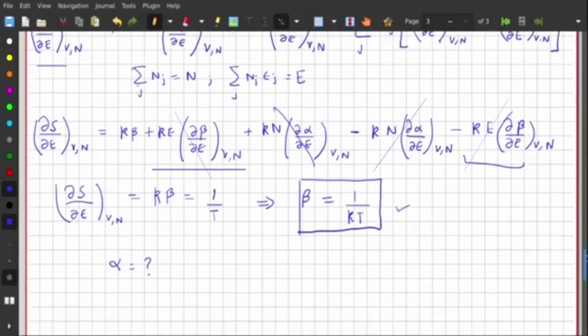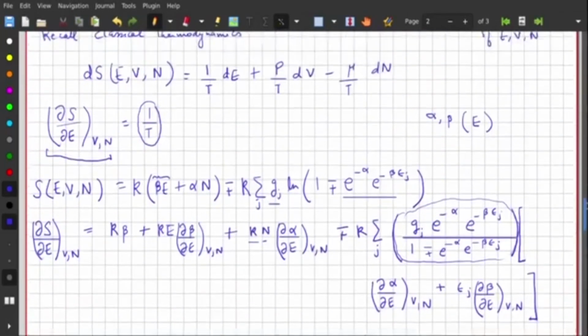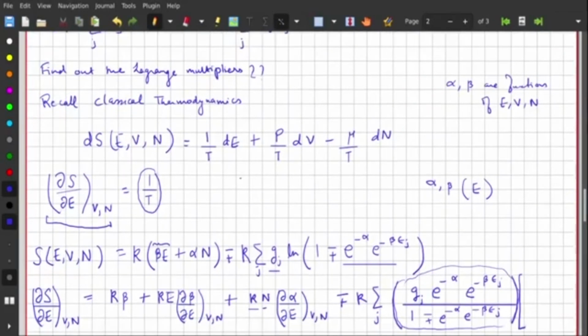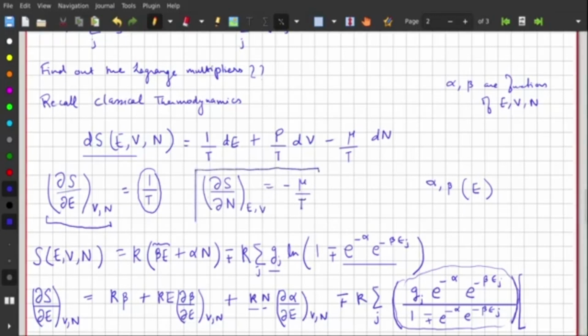So if you recall again from classical thermodynamics, from this equation of the differential of dS, we can compute the partial of S with respect to N. Partial S partial N at constant energy and volume, E and V constant, becomes minus mu over T. We will be using this later to evaluate our second Lagrange multiplier.